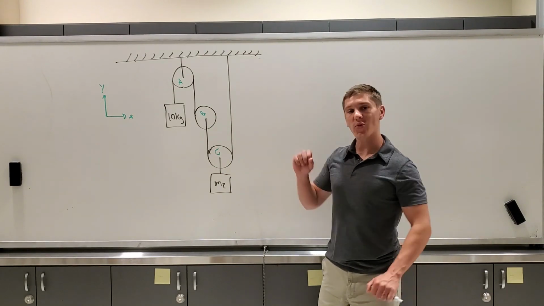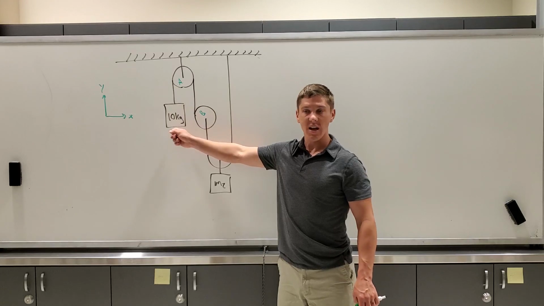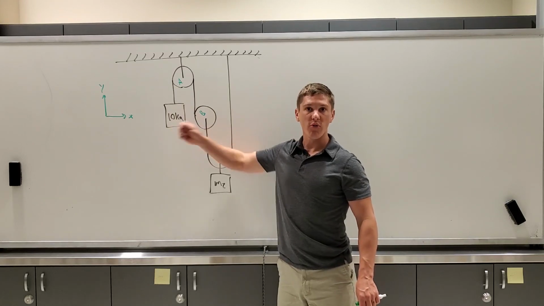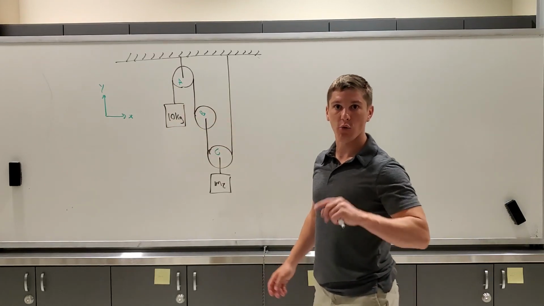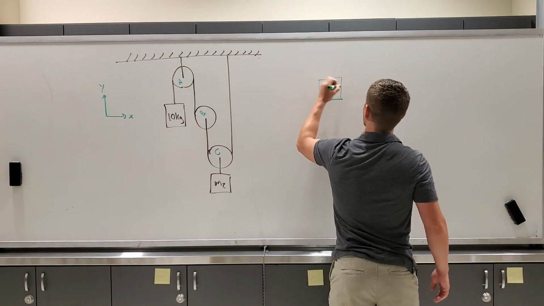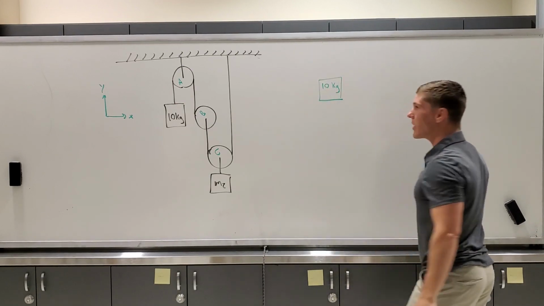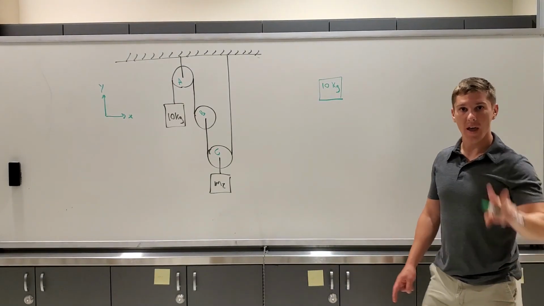Let's start with the easiest one, mass 1, and we can treat this just as a particle with forces acting on it. If we draw a free body diagram of mass 1, which has a mass of 10 kilograms, what do we have acting on it? We have 2 things.